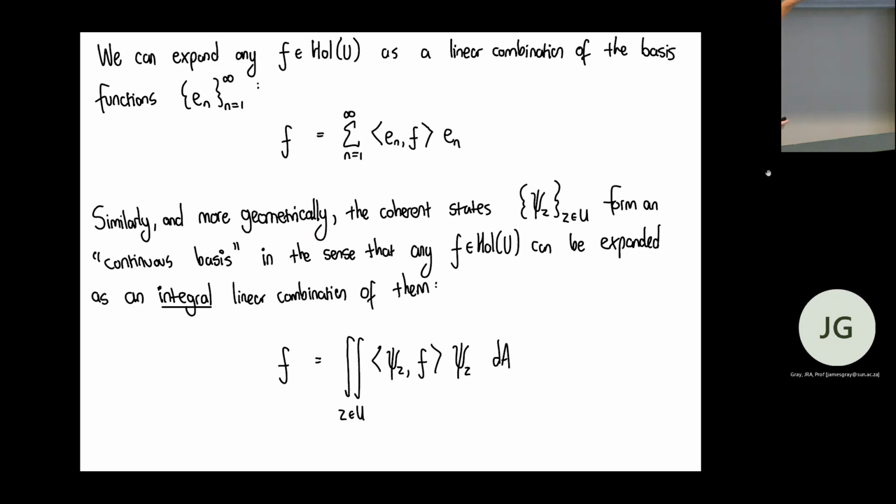Right? And the coefficient of psi_z, where z is now a point in this disk, is exactly the value of f at z, actually, if you calculate this. So it's like you can't get more canonical than that. We've got an integral, we're expressing f as an integral linear combination of certain things, and the coefficient of that thing at the point z is exactly the value of the function at z. Okay, anyhow.